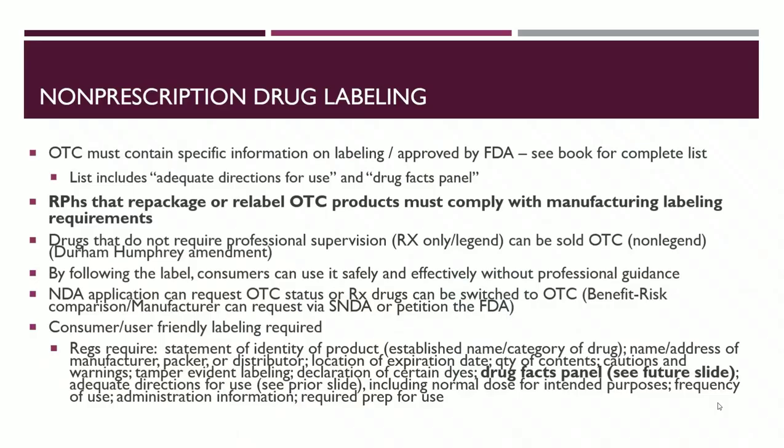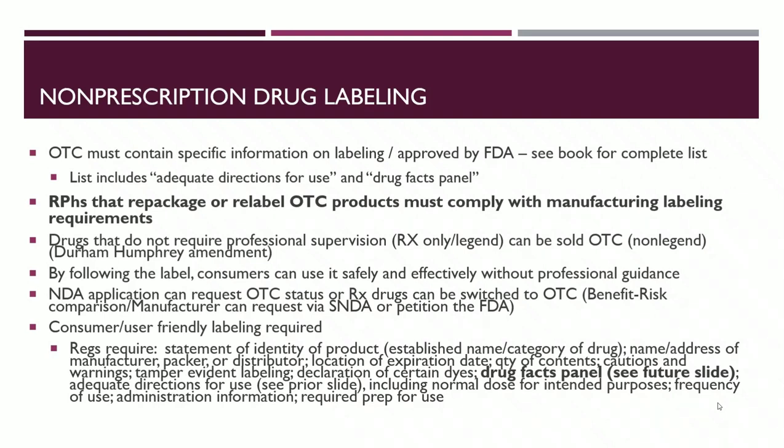So non-prescription drug labeling. These are all regulated by the FDA. OTC drugs must contain specific information. The book has the complete list. Again, I'm not going to sit here and retype everything for you. It's all there. But the list contains adequate directions for use. You must have the drug facts panel, which on that last picture there, the OTC, I've showed you a picture.